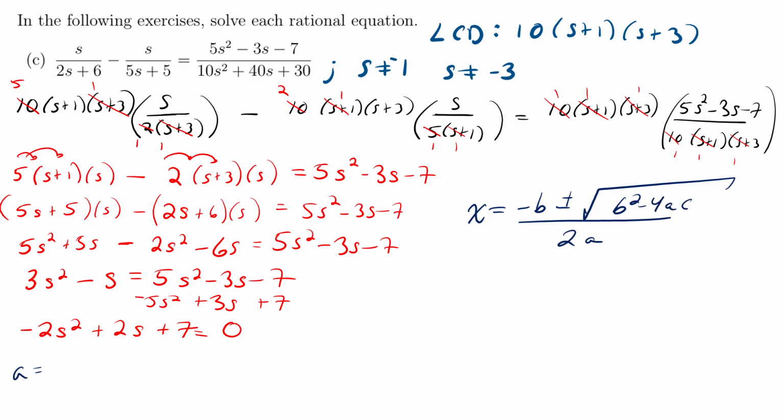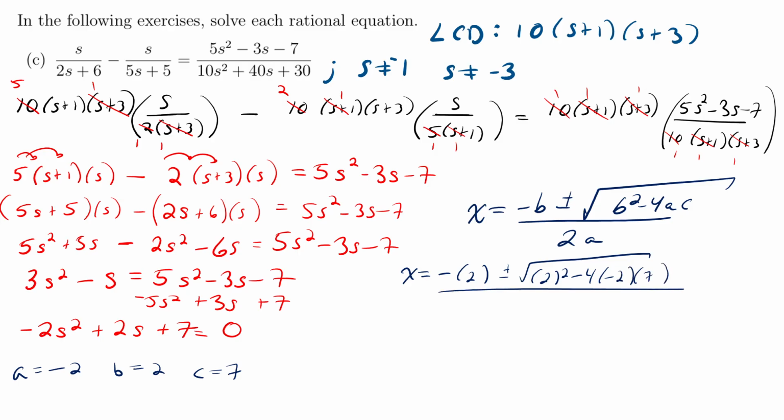So my a is negative 2, my b is 2, my c is 7. So x equals negative 2 plus or minus 2 squared minus 4 times a times c, all divided by 2a.